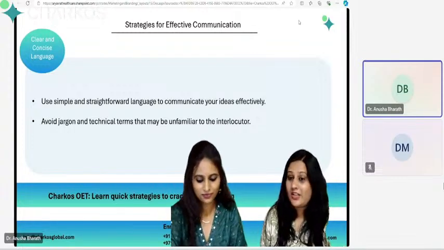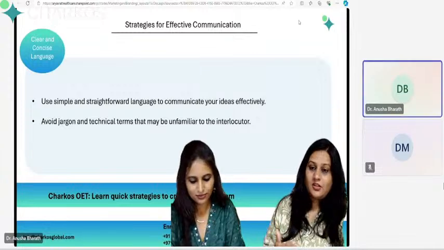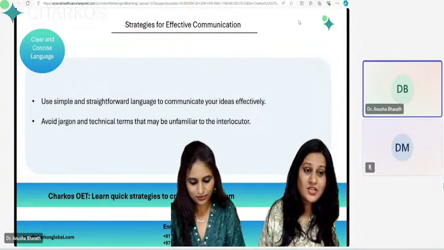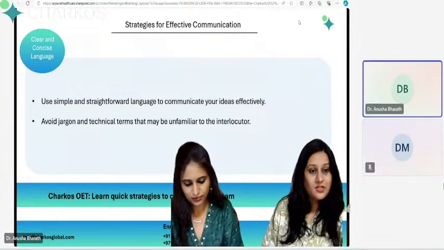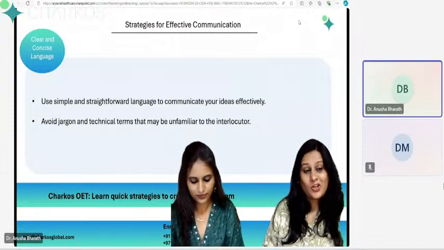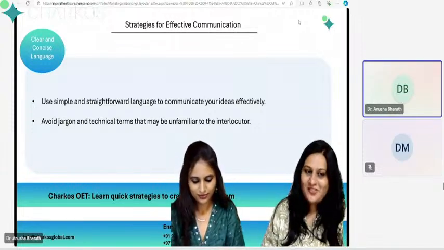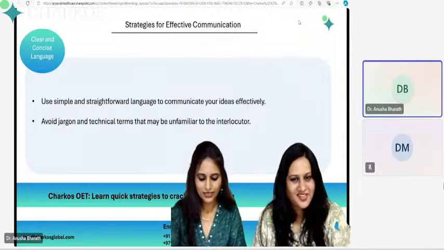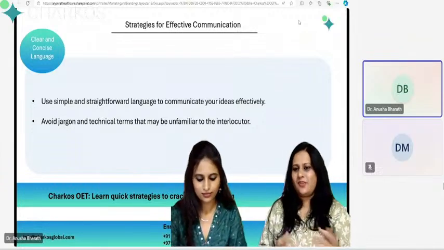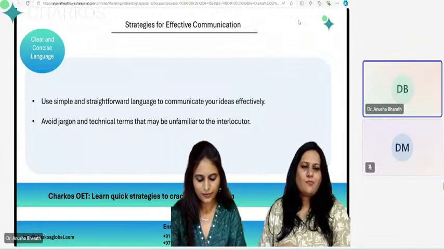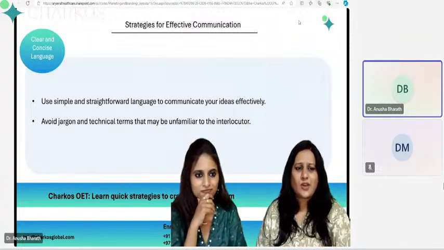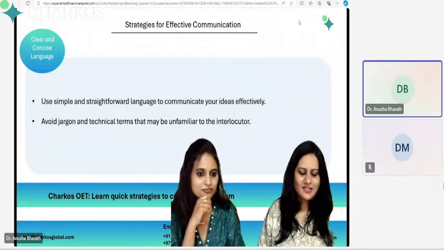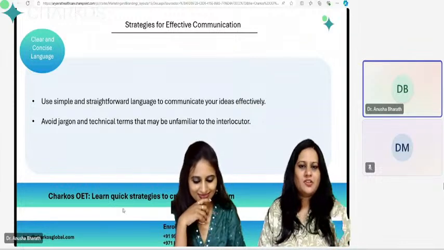Why should jargon be avoided? Because, as we have already told you, the interlocutor might or might not be from a medical background. So avoid jargon and keep it simple, straight and concise. That is going to help you here.